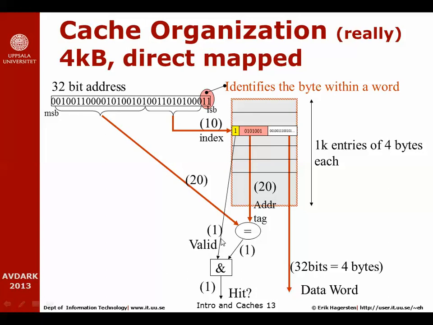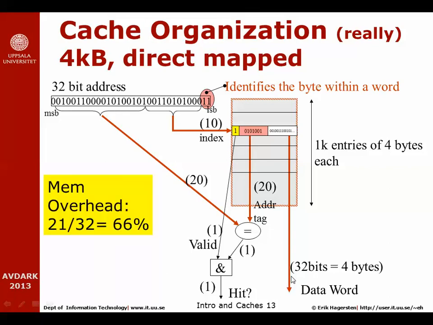Then we also make sure that the valid bit is set, and that is what we use to produce the hit signal, telling the CPU whether or not these 4 bytes of information can be trusted. So the memory overhead here, comparing the useful bits stored in this cache with the useless or overhead bits, the address tag and the valid bit, is 21 over 32. So that's a memory overhead of 66% for implementing this cache.